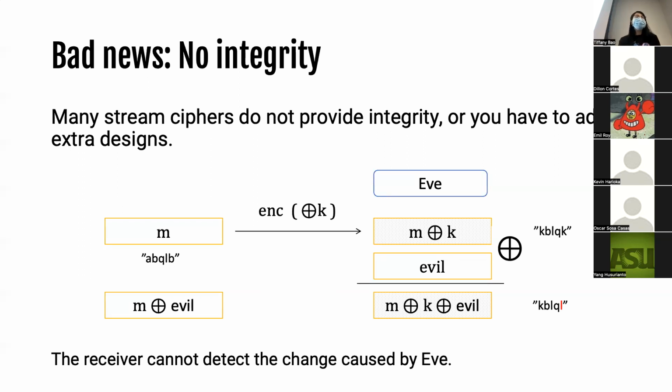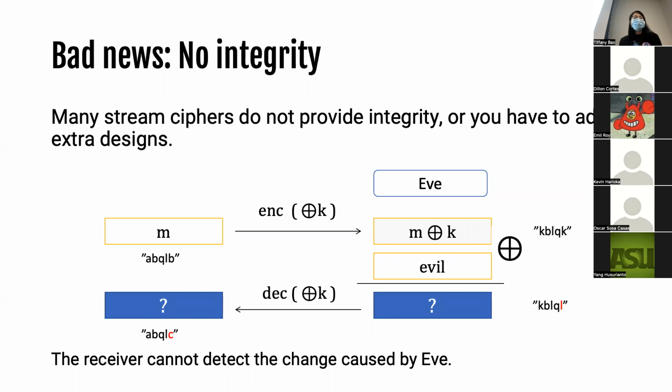So you will get a new ciphertext, a modified ciphertext. And then if Eve in the middle sends that message to the recipient, the recipient is still going to just decrypt it back, and it will actually get a wrong message. And also the decryption cannot really tell if the original ciphertext has been modified. So this is the problem for stream ciphers. Many stream ciphers do not have this integrity guarantee.